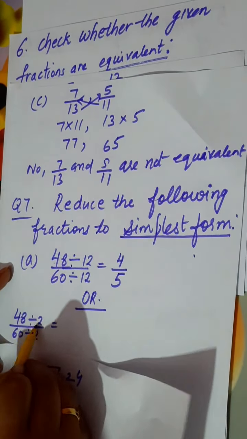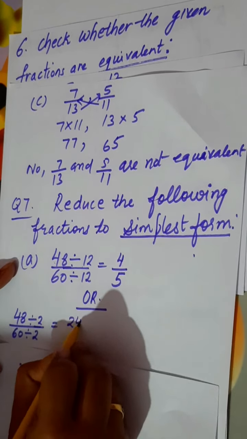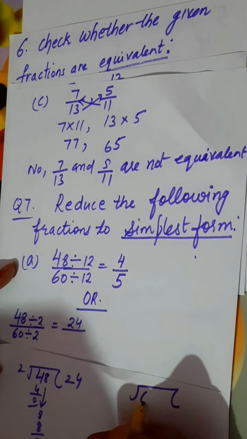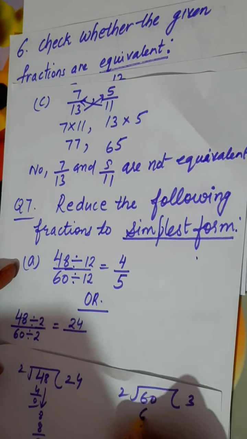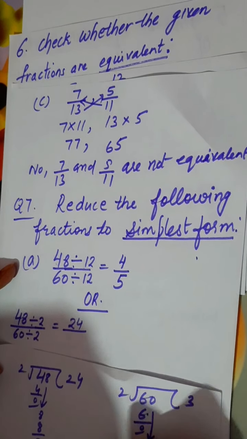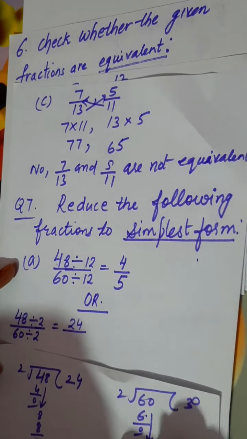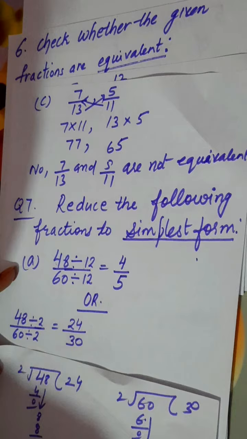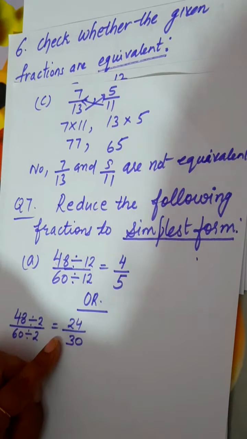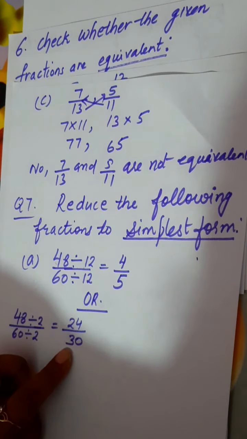So when you divide 48 by 2, you will get 24. Similarly, divide 60 by 2, 2 3s are 6, 2 zeros are 0. You will get 30. Now next I get 24 upon 30.